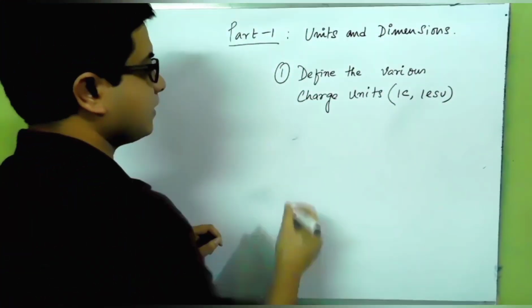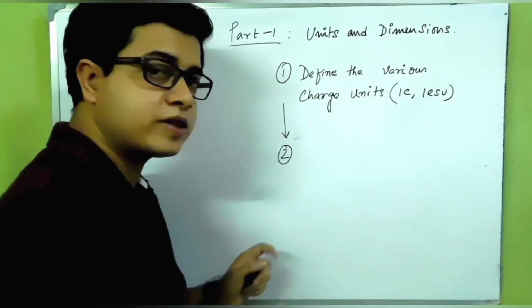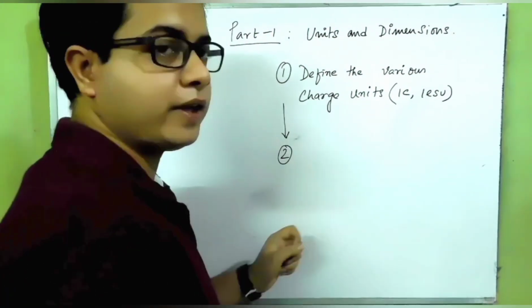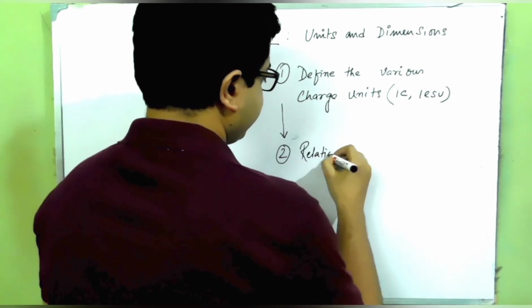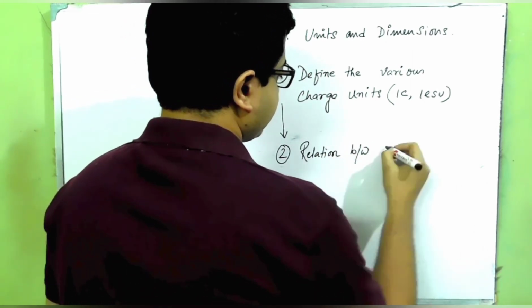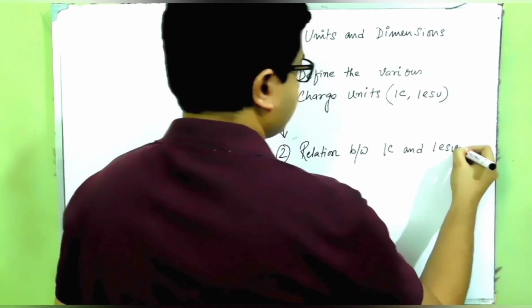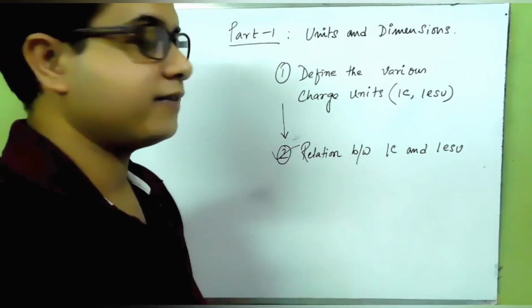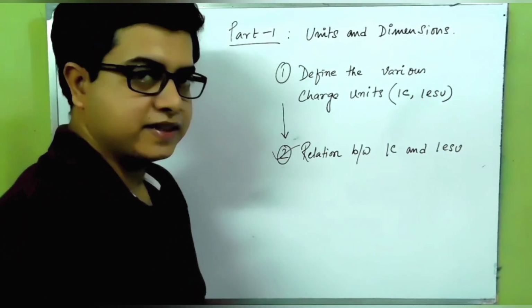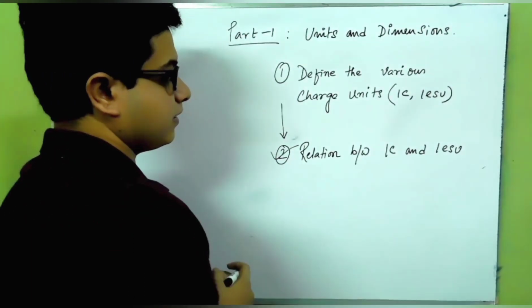Having done that, we head towards our next topic, which is by far the most important of all these 3: establishing the relation between 1 Coulomb and 1 ESU. This topic appears as a question itself in competitive examinations, so please pay attention while we are doing the relation.